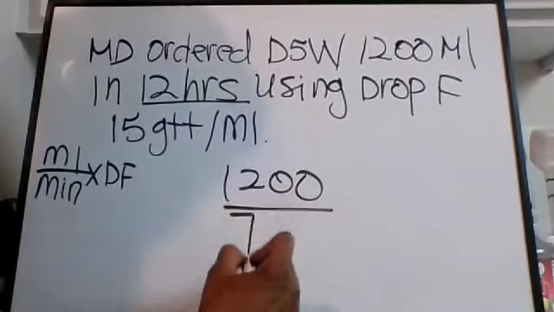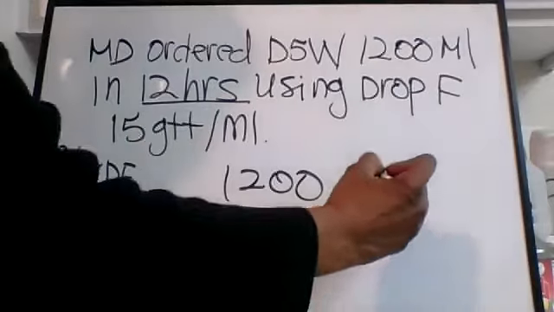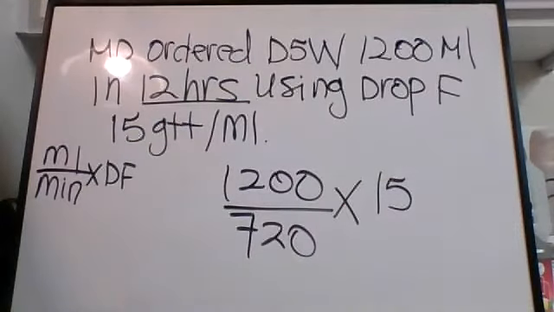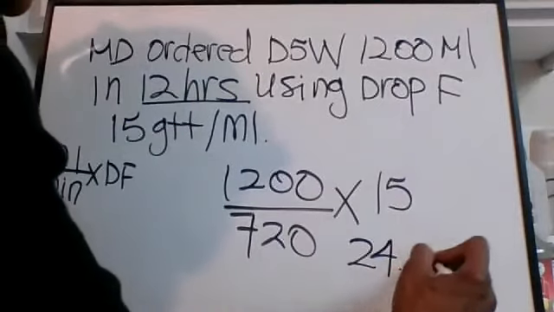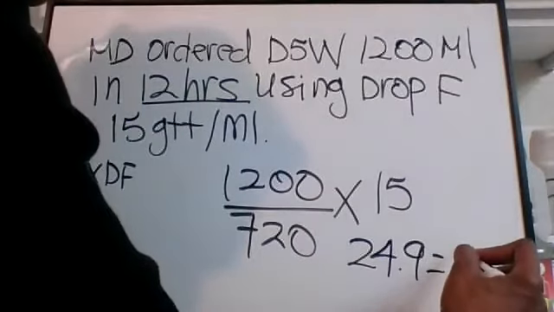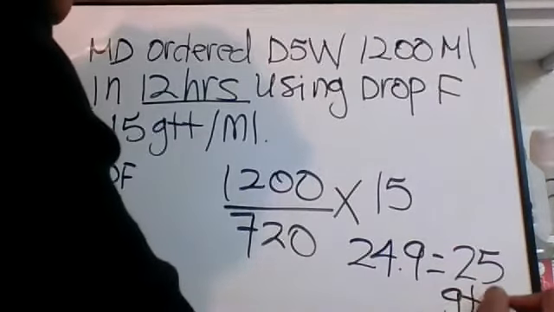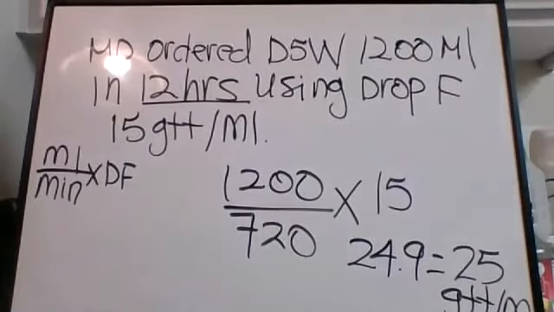So 1,200 divided by 720, times the drop factor, which is 15. That gives us 24.9, and we round that up to 25 drops per minute for this particular problem.